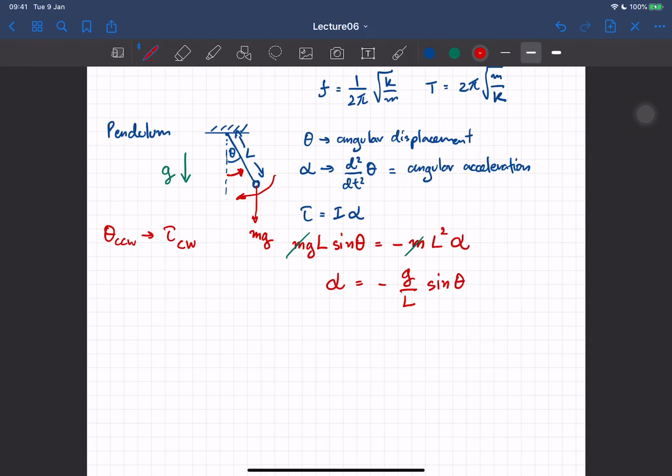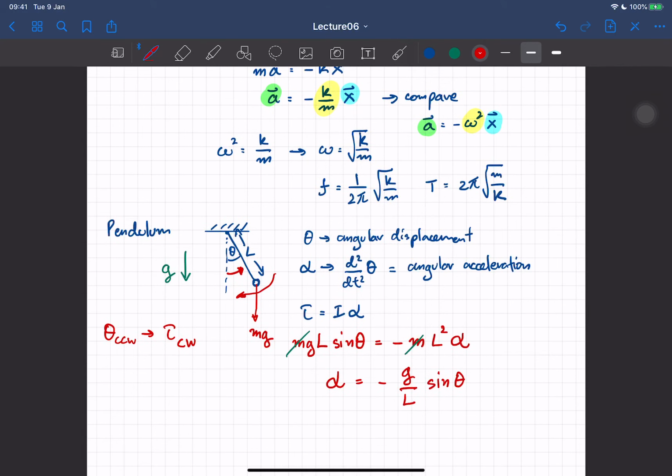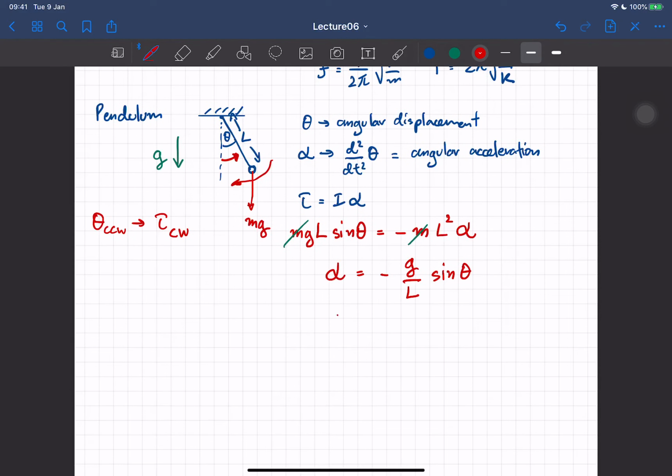Now this is something that is different from what we maybe expect or what we have seen before, right? If we want to claim that this pendulum motion is simple harmonic, what we want is alpha equal to minus omega squared times the displacement, in this case angular displacement, but anyway it has to be just the displacement. So it has to be theta, but we don't have theta here; instead of theta, we have sine of theta. So it's not exactly what we want.